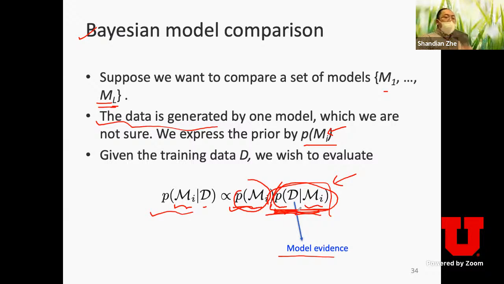Because of this integration, it includes a mechanism that penalizes overcomplicated models. It's not like the more parameters you have, the better your model evidence.